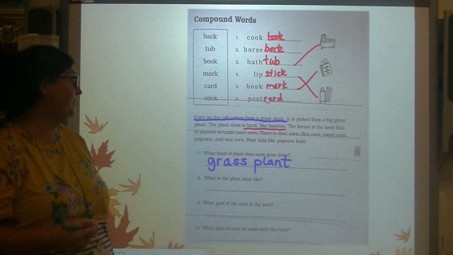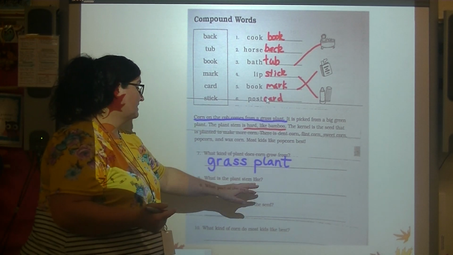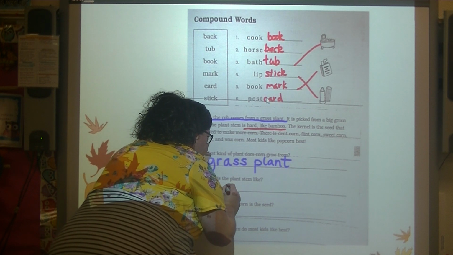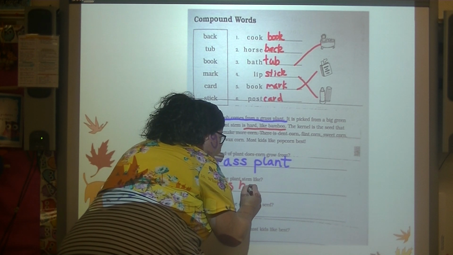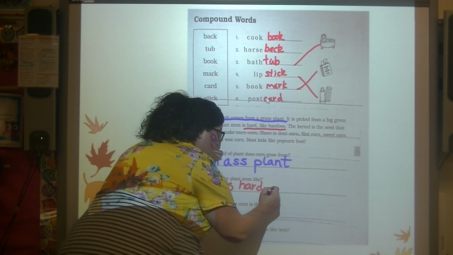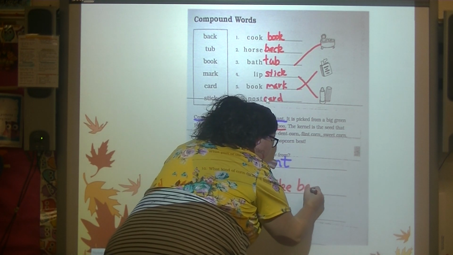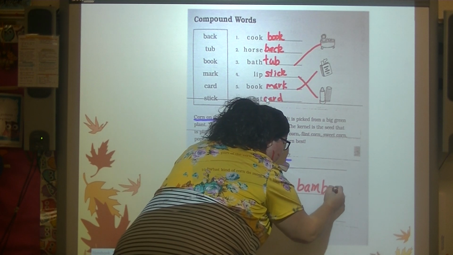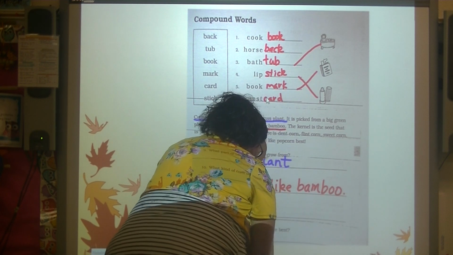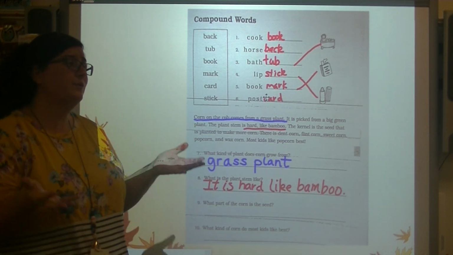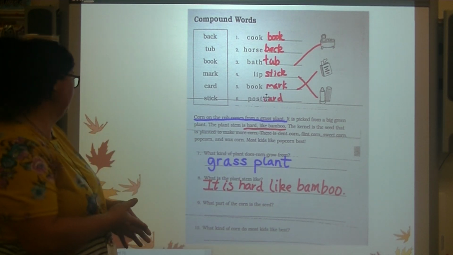Remember, pandas eat bamboo. So what is the plant stem like? It is hard like bamboo. It has to be pretty hard or else it wouldn't be able to hold the corn up, right?